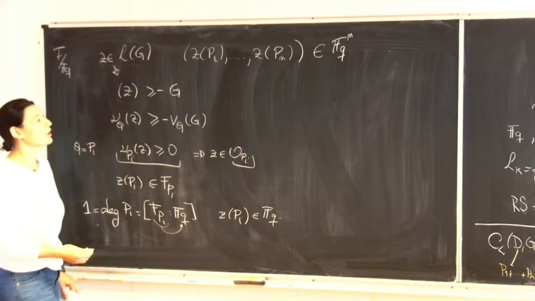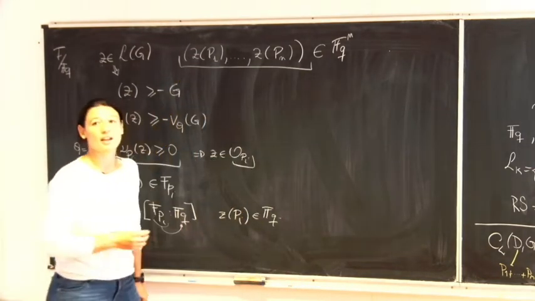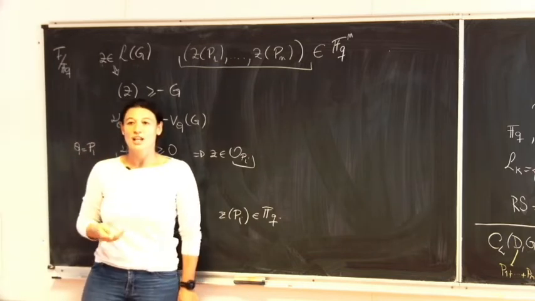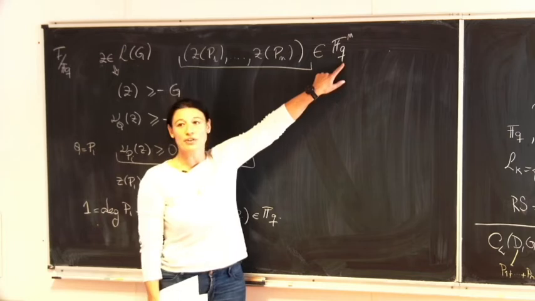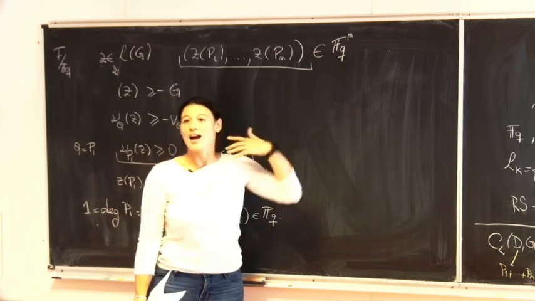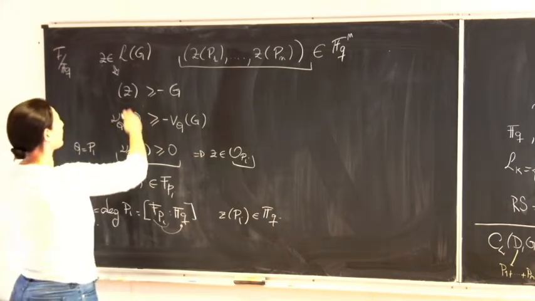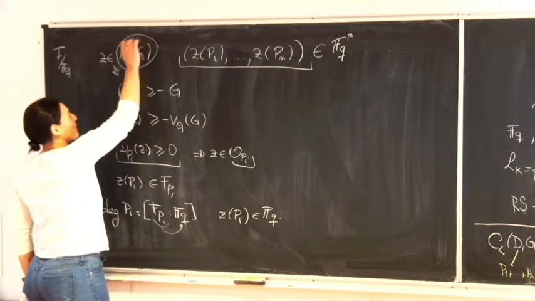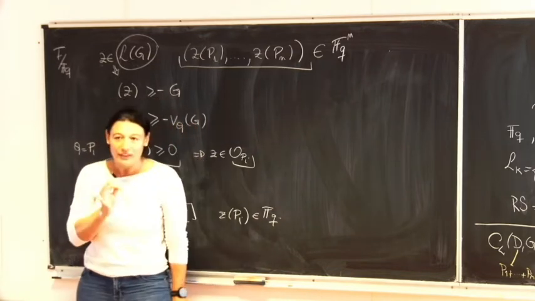And therefore, I will have that all the words I'm defining on the AG codes are words inside n copies of Fq. And of course, because of how I have defined this, and this is a vector space and everything, then this defines a linear code and everything that I wanted.